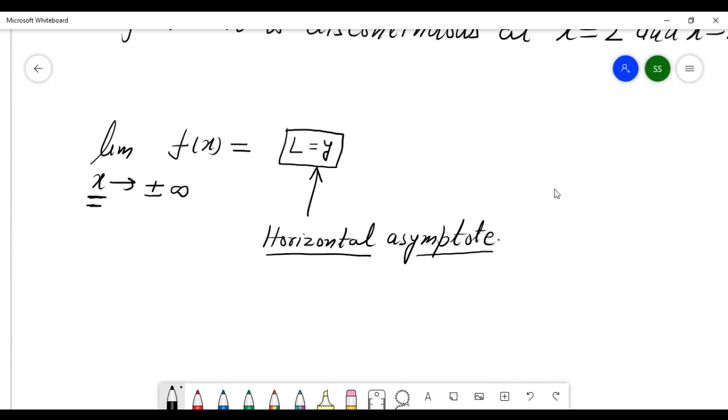Okay, I have shown it in the graph. You have seen in the graph y equal to L. Right.